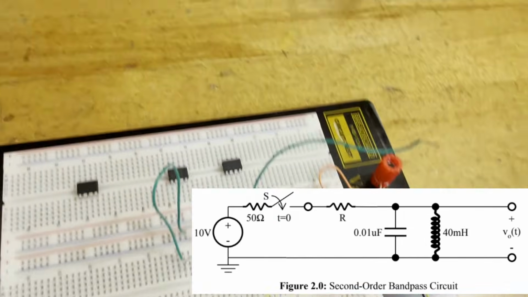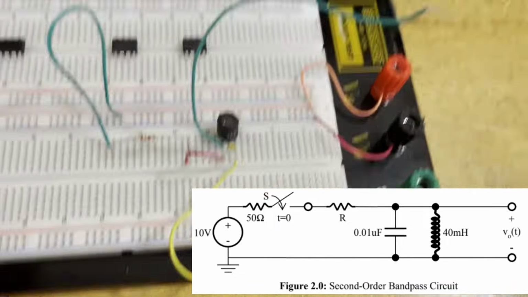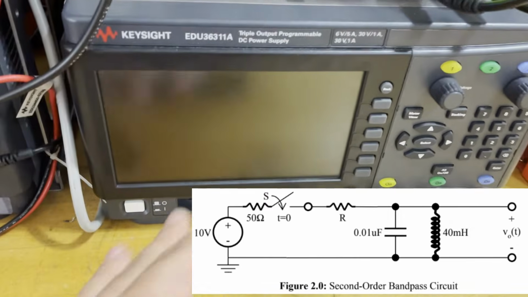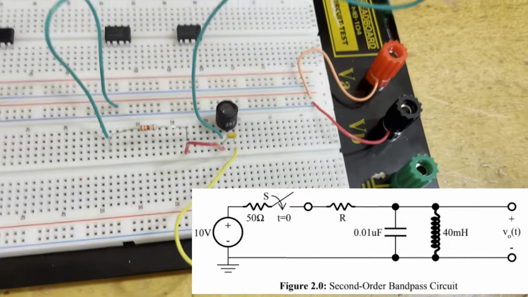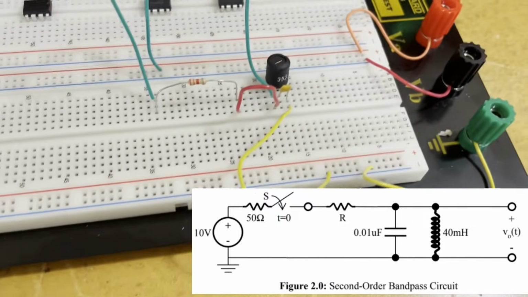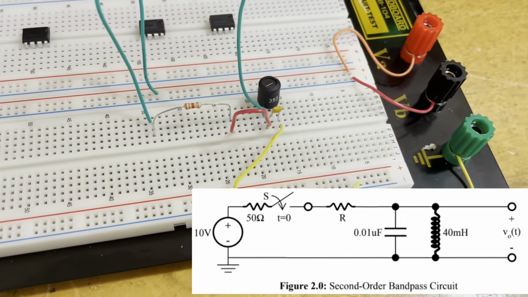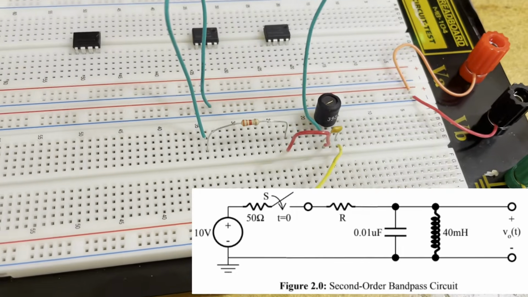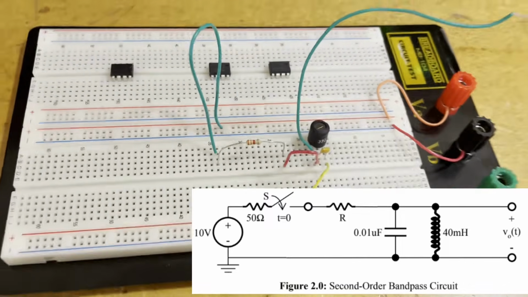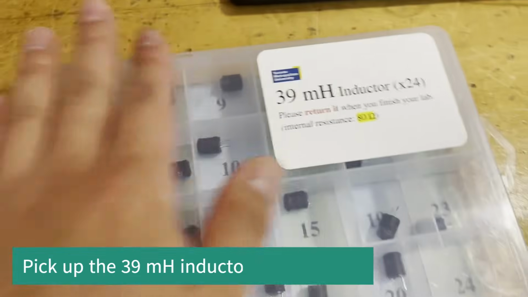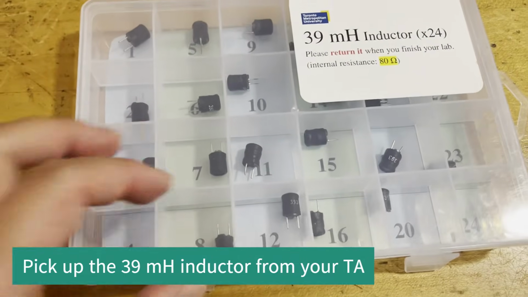Then we're going to connect our circuit. Please notice we are not using the DC power supply today. So this is how the circuit would look like for the 3.3K ohms one. At the beginning of your lab, you will see this box on your TA's desk.